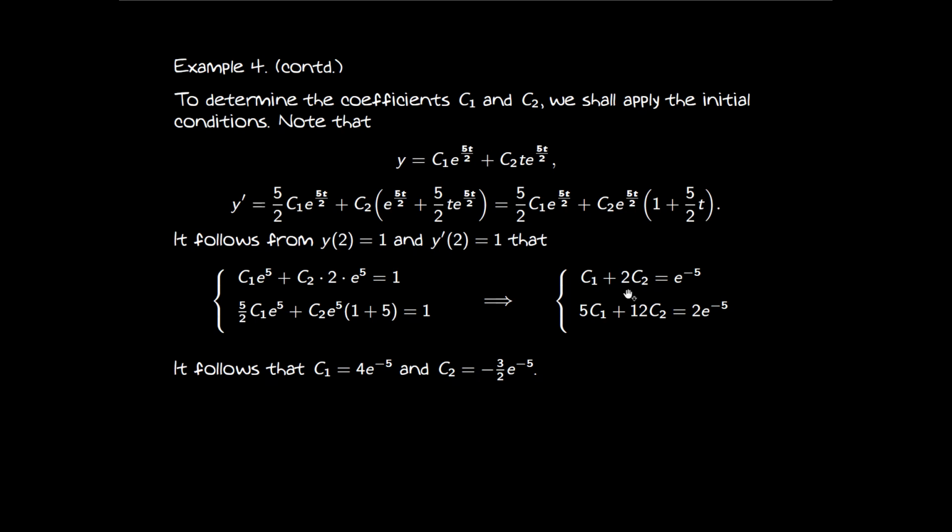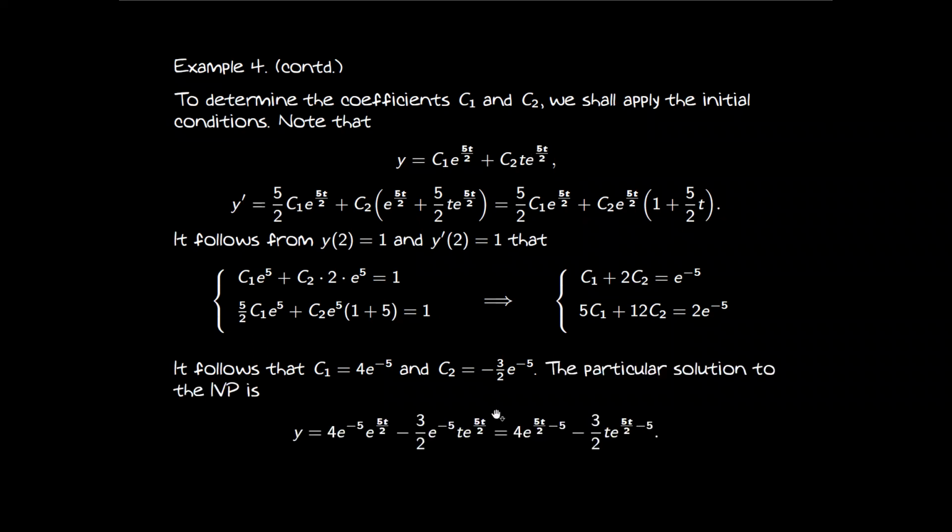I can get twice C2 is equal to negative 3 times e to the negative fifths, right? Divide both sides by the coefficient 2. We can get C2 is going to be negative 3 over 2 e to the negative fifths. Finally, we just plug the C1, C2 into the general solution. We can get the particular solution to the initial value problem.